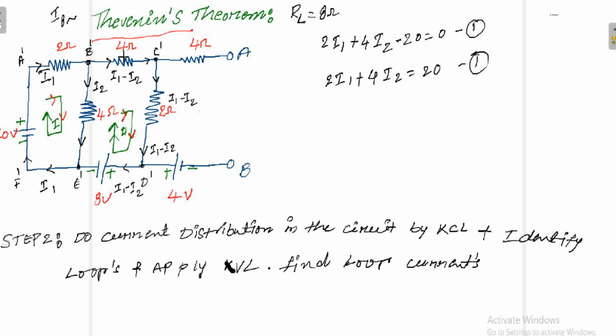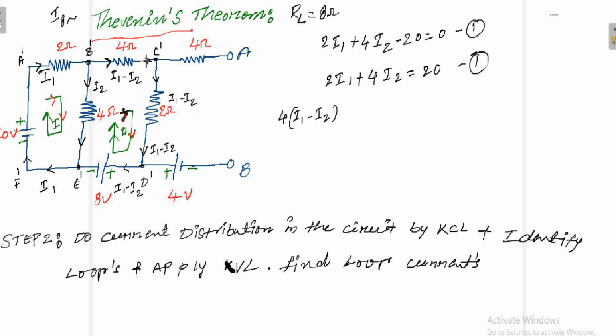Next, apply to B', C', D', E1' and B'. In this branch the current direction is this, and our loop current direction is also the same. So 4 into (I1 minus I2). Don't get any confusion, you can apply any convention.